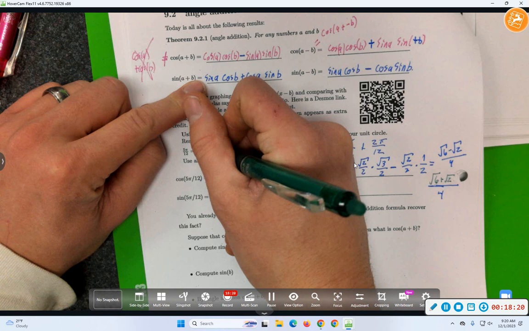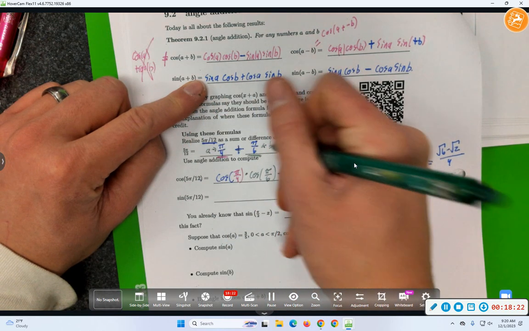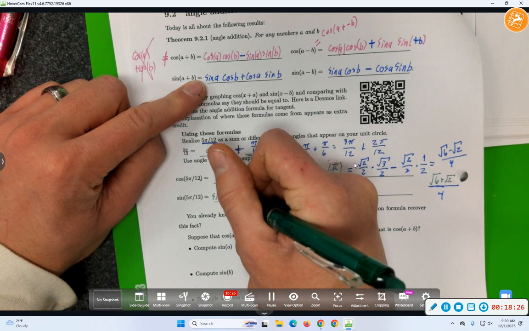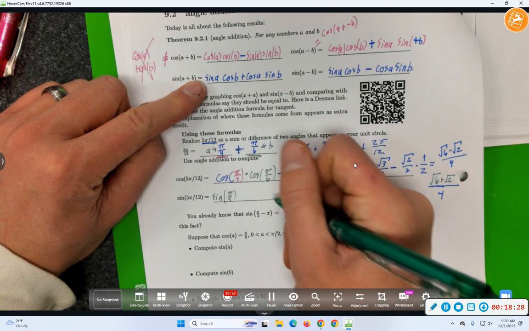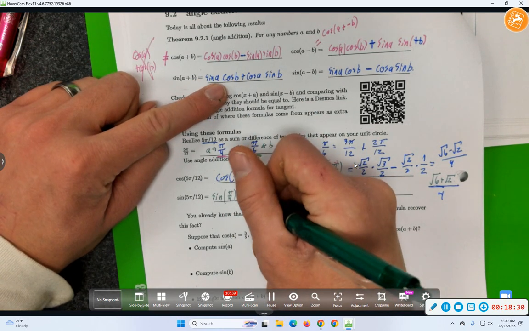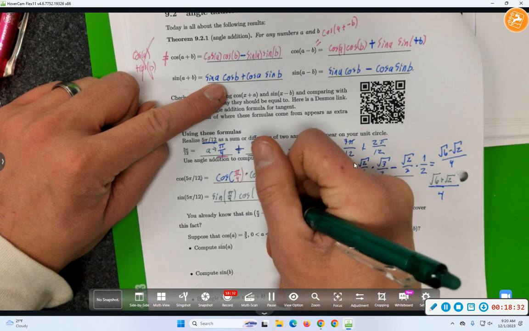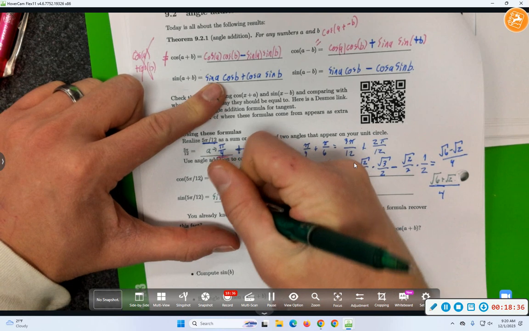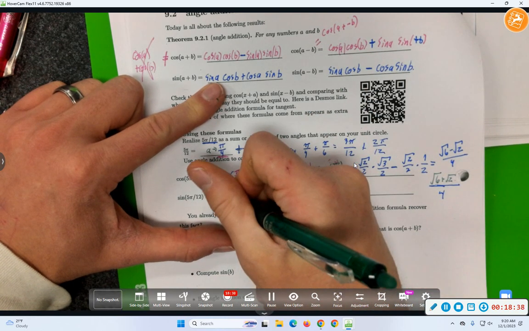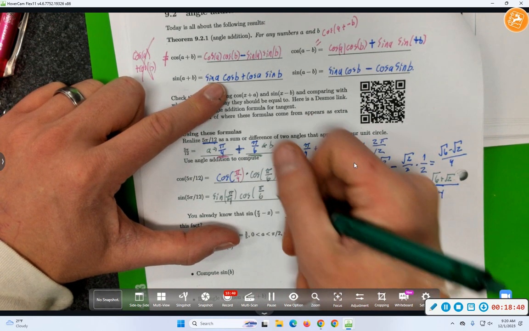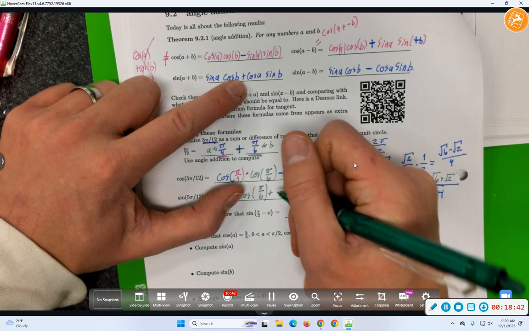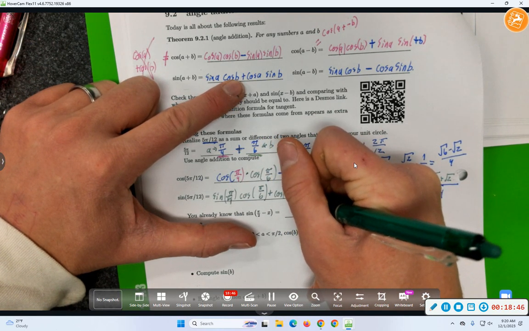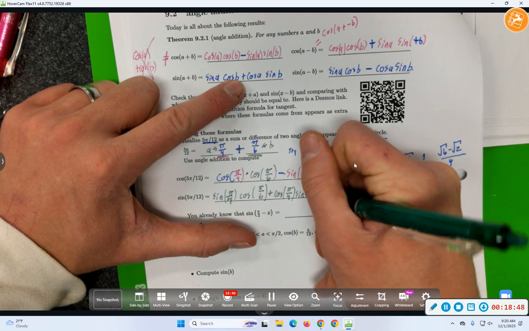There's your choice of A. There's your choice of B. So this will be sine of A, cosine of B. That 4 is not sufficiently legible. That's a little better. Plus cosine of A, sine of B.